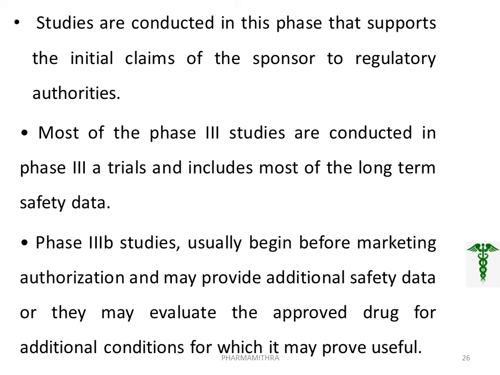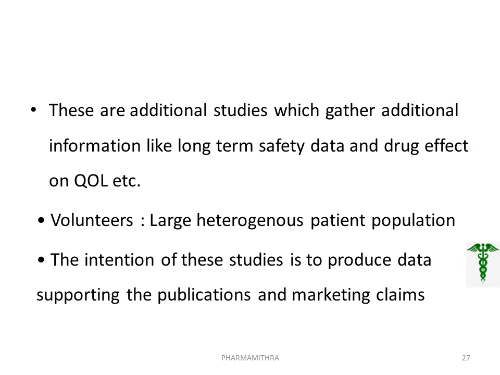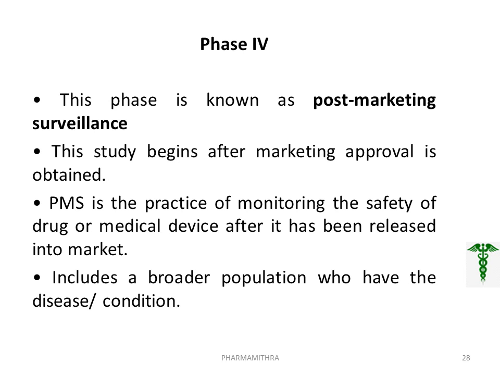But phase 3B studies are started before marketing, and they give additional safety data before going to the market. So phase 3 studies help to gather additional information, and we use volunteers from a large heterogeneous patient population to produce the maximum data.